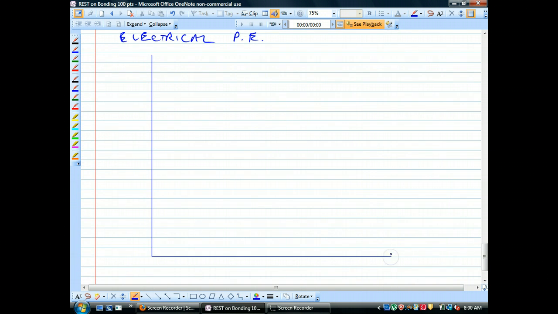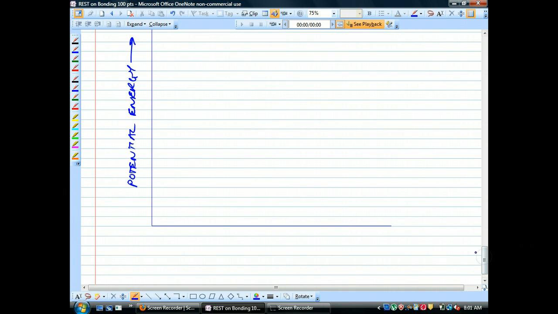On this graph, we're going to put potential energy on this axis, increasing. And on the x-axis, we're going to put distance between nuclei.